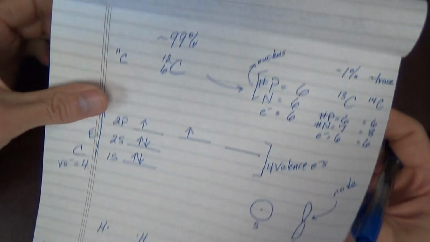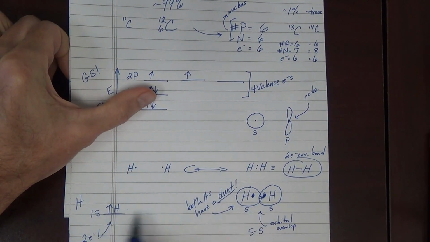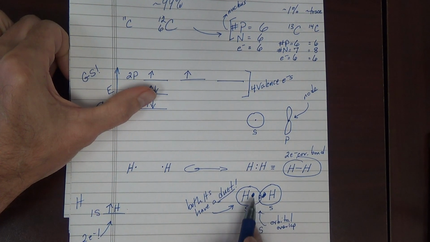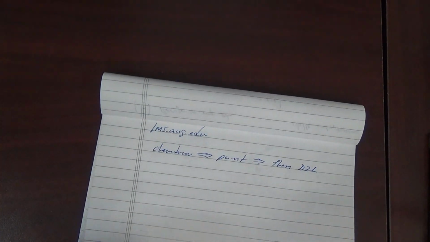And what we can do is put the 4 electrons around the carbon like this, 4 valence electrons, and now we can ask how many bonds do we need? Well, if you think about it, back over here, hydrogen needed 1 bond to fill this orbital. Each bond you make gets you an extra electron. Keep that in mind.